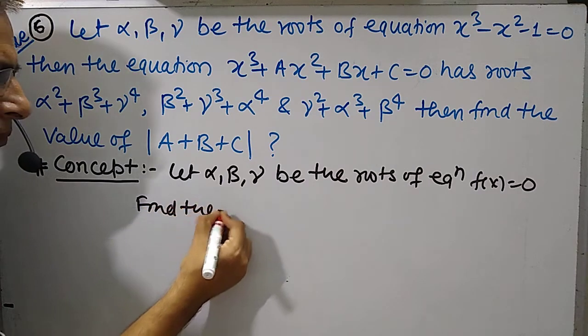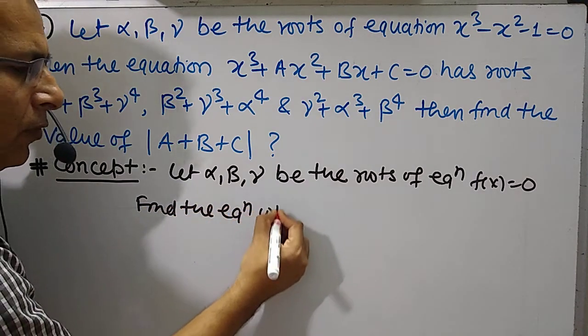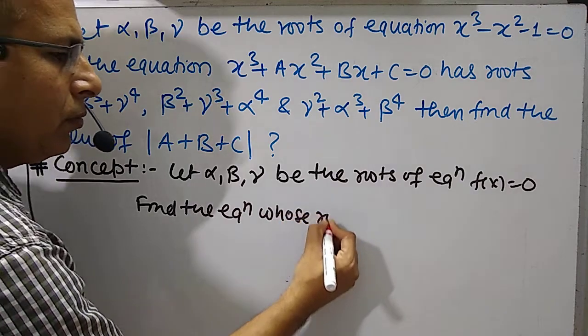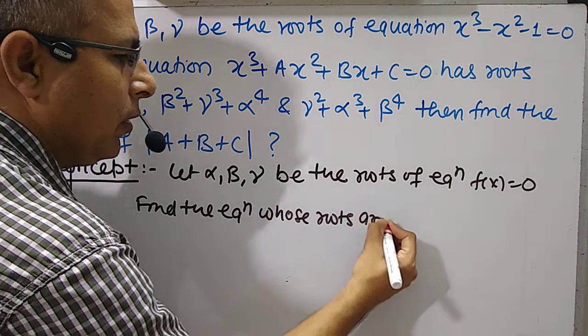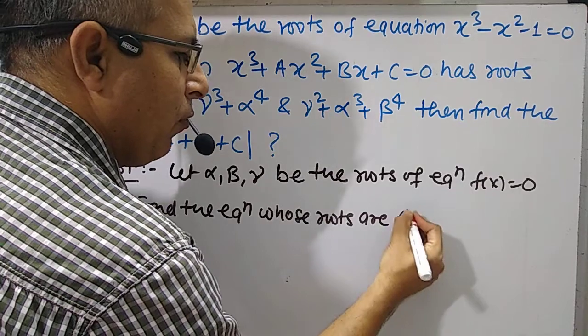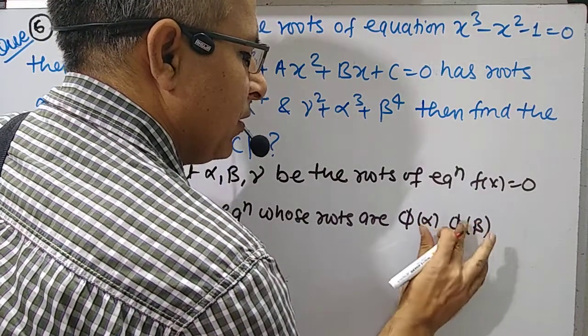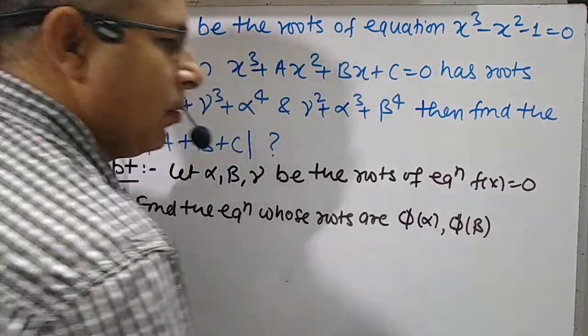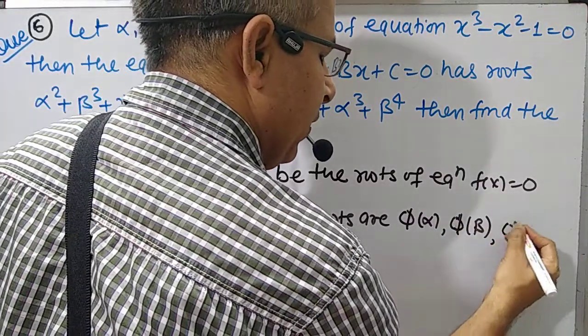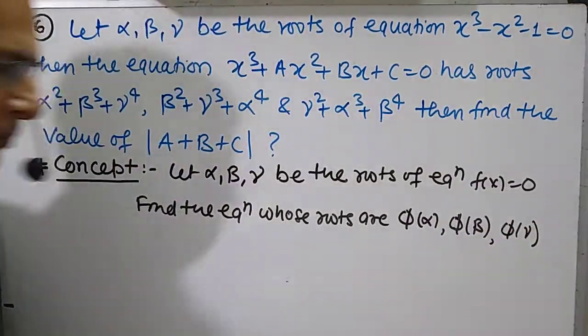Find the equation whose roots are function of alpha, function of beta, function of gamma.